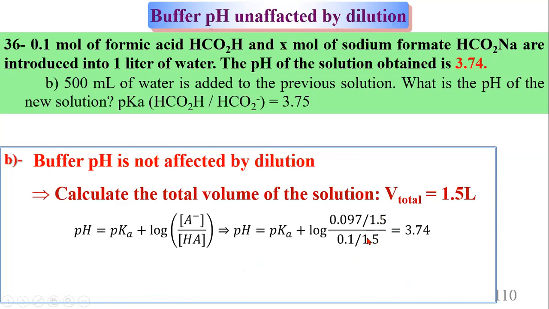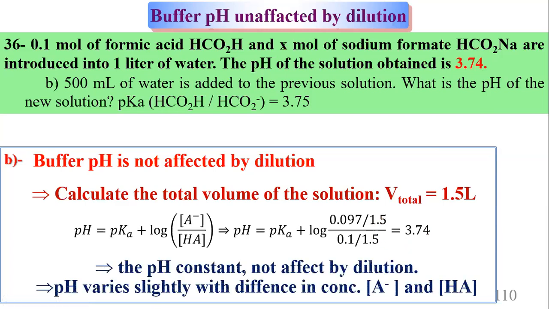So no matter what the volume is, my pH remains the same, okay? So the pH is still 3.74, even if I add 500 milliliters of water, even if I add 1,000 milliliters of water, okay? No change in pH when I do a dilution for buffers.